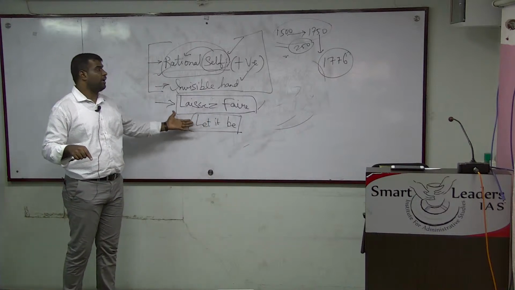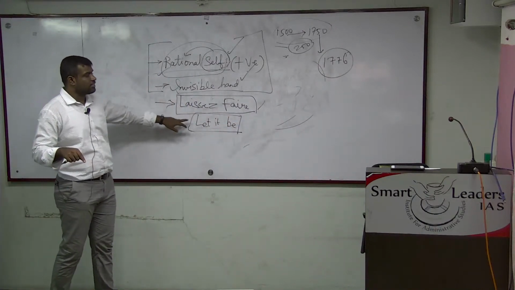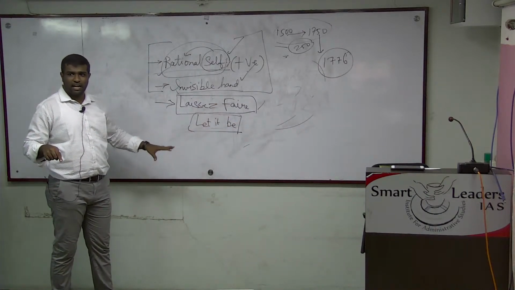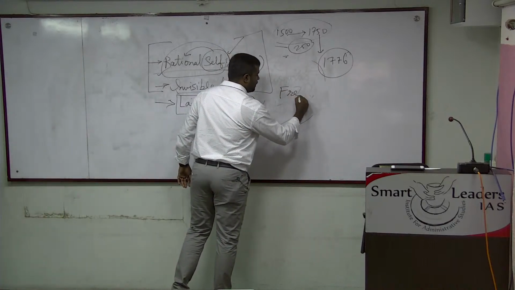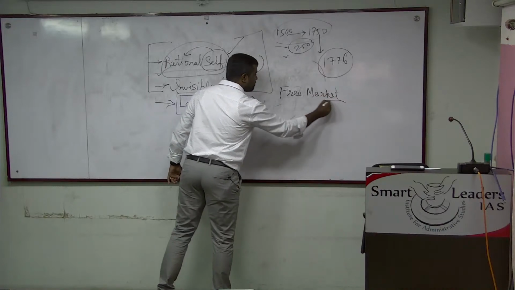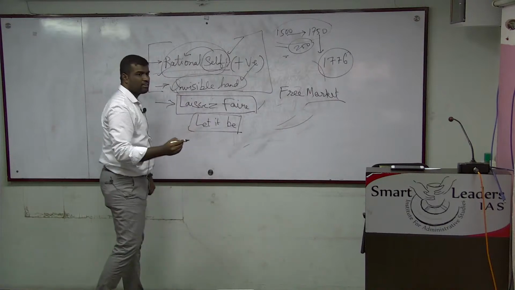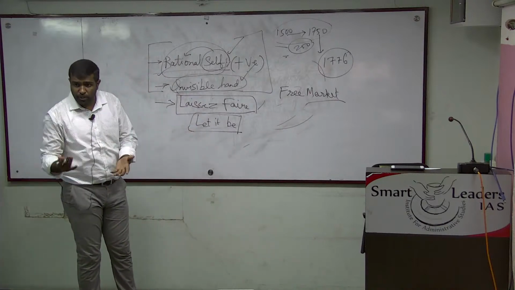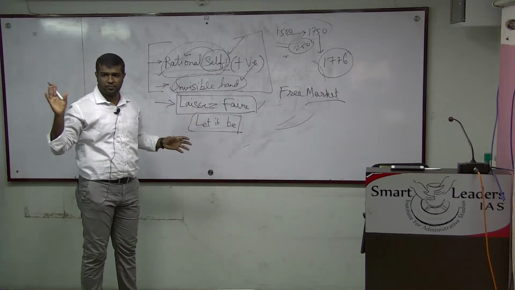So let it be. Then what kind of a model is he advocating? He is advocating a free market model. What is the market? Market is the place where the demands, the invisible hand, will be playing. The invisible hand means demand or supply, these kinds of forces that are not visible to us around this market.